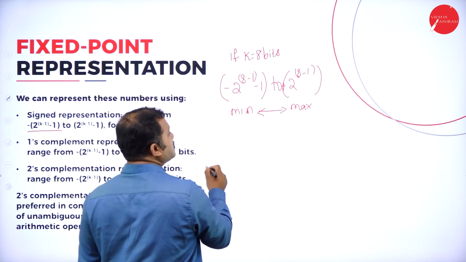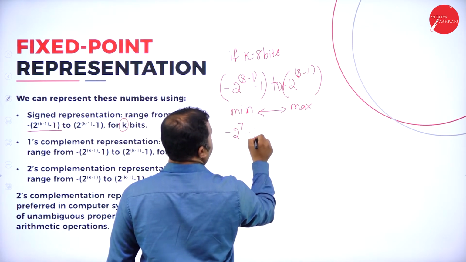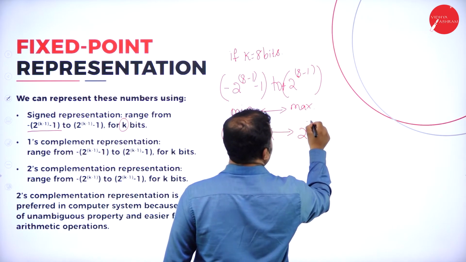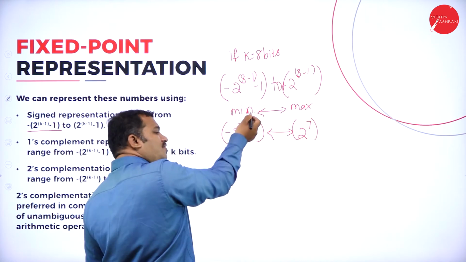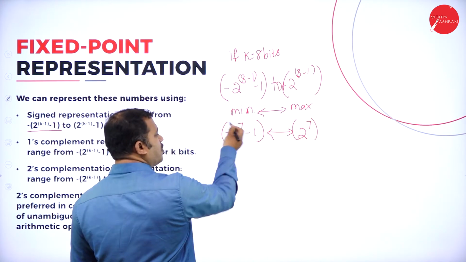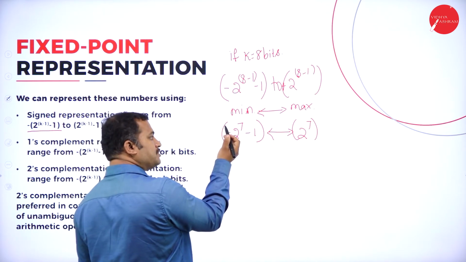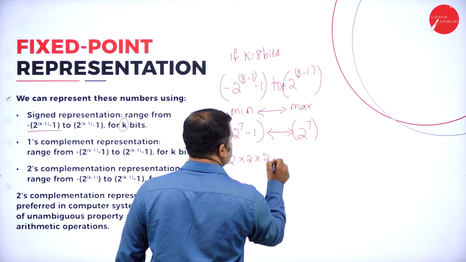If that is the case, this can be written as minus 2 raised to the power of 7 as the minimum value and 2 raised to the power of 7 minus 1 as the maximum value. So what is 2 raised to the power of 7?